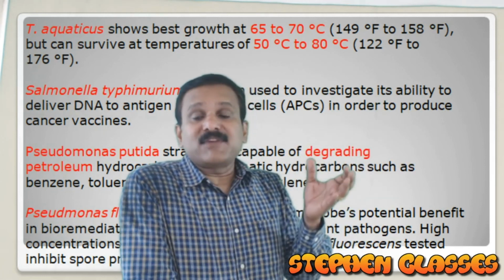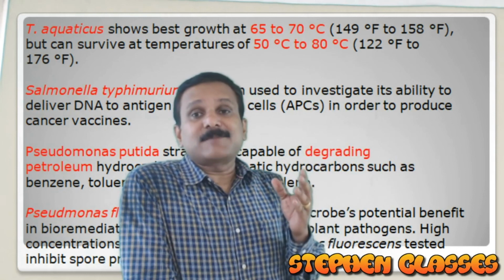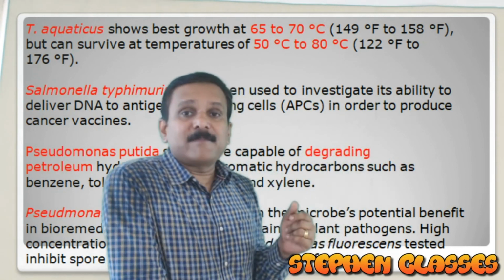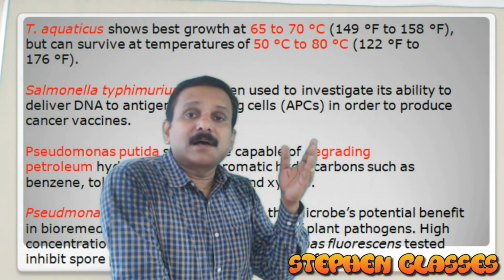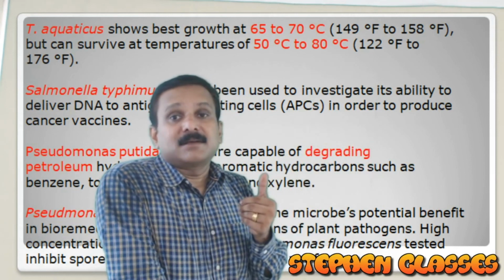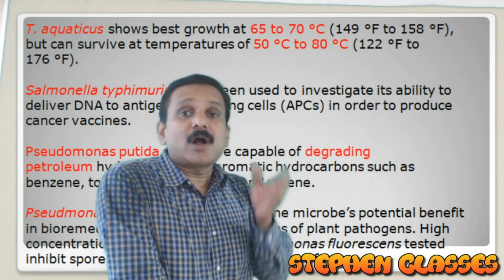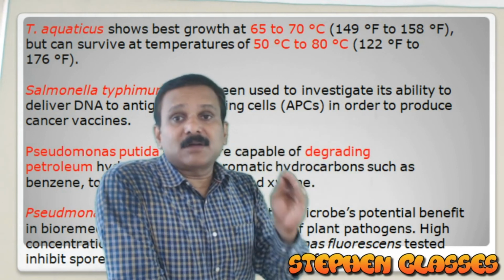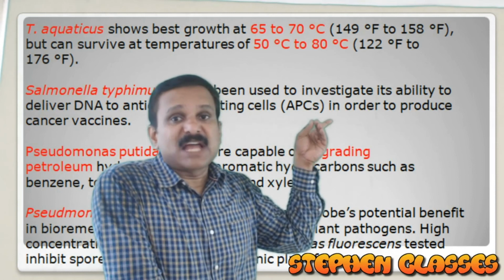In the beginning of your chapter, Salmonella typhimurium was used for taking the plasmid for producing the first recombinant DNA by Stanley Cohen and Herbert Boyer. So there we mention Salmonella typhimurium.